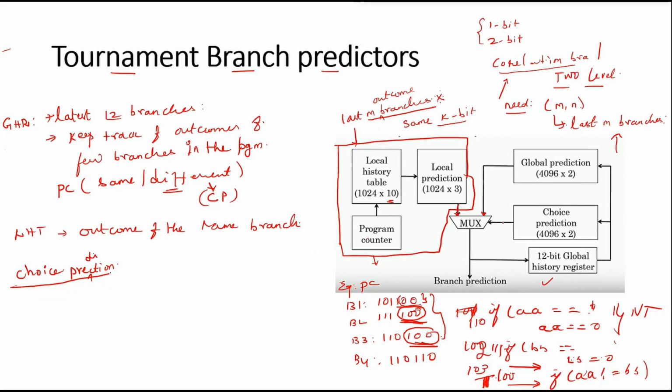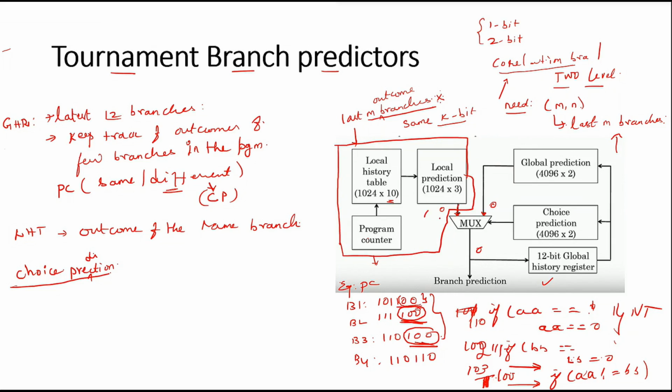We have two inputs and one selection line, and which one has to be chosen is the question. When both are the same, it won't be a problem. Suppose the local prediction output is not taken, and this is also not taken. Then the branch prediction is going to be the same.